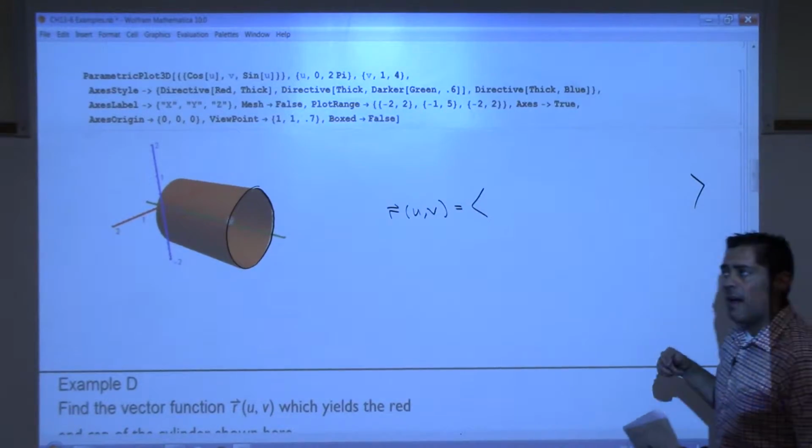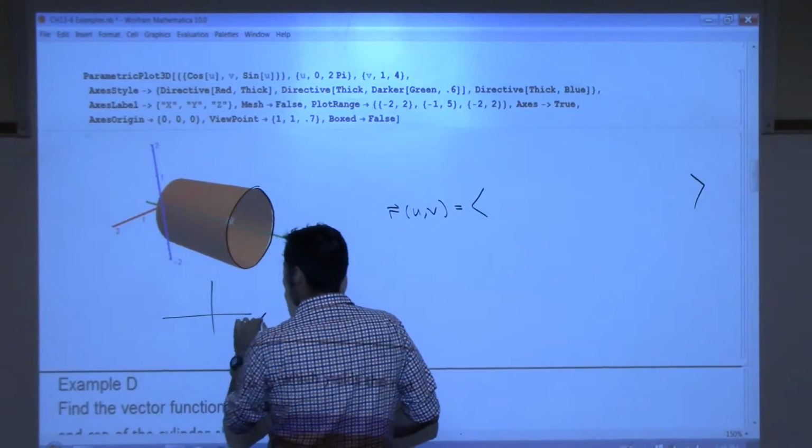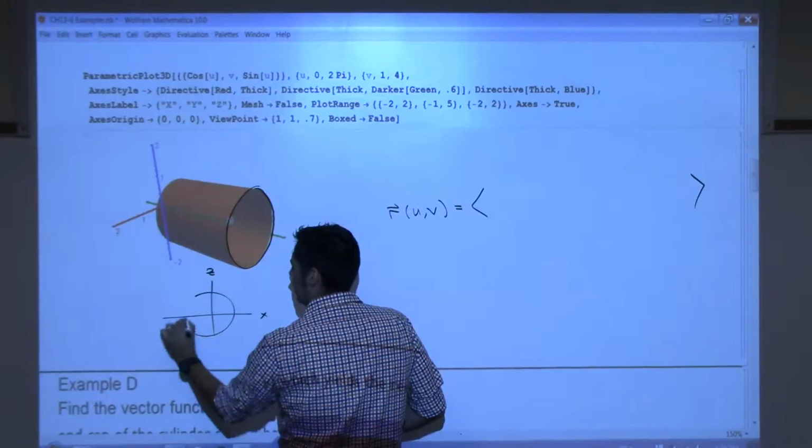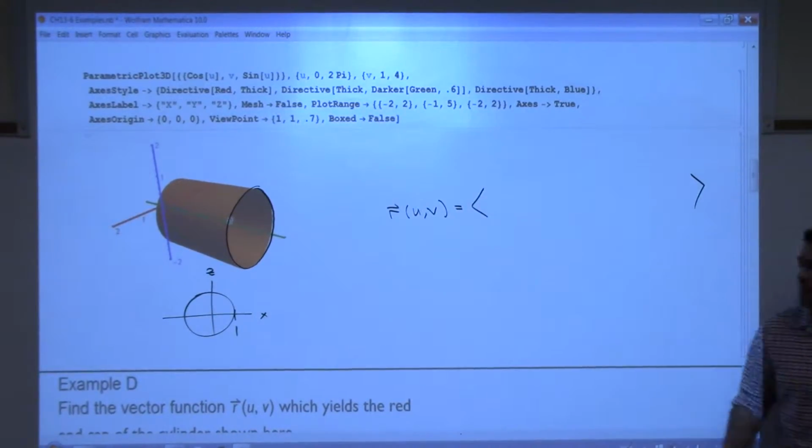So how would we draw a unit circle in the xz plane? We use the whole r cosine theta, r sine theta thing, with r fixed here at 1. But instead of using theta, I need to use u or v, so it's your choice.